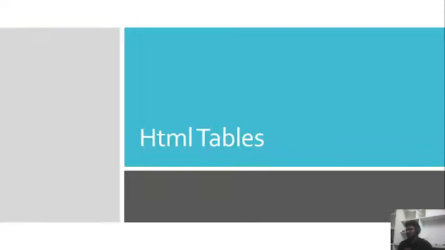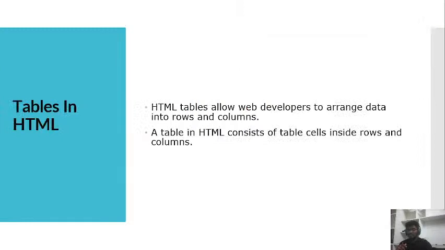And then in this class we are going to discuss the HTML tables. Okay, so HTML tables consist of rows and columns. So the data is going to be arranged in rows and columns. Okay, see here, HTML tables allow web developers to arrange the data into rows and columns. A table in HTML consists of table cells inside the rows and the columns.